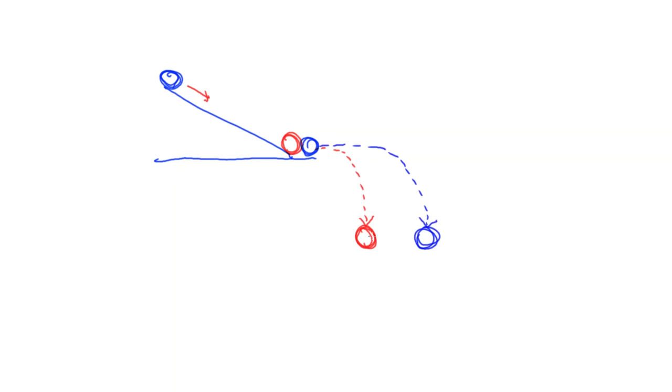With these two distances, we have to keep our annotation separate. This first distance we'll denote as D1, and this is going to be D2.